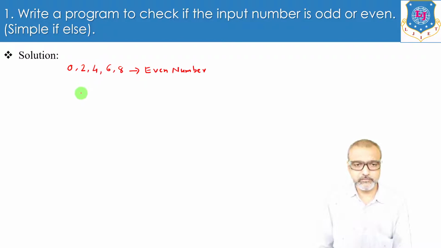So here what we will do, we will take first number from user, then apply the condition, say number is A, apply the condition A modular division 2 equals to 0.